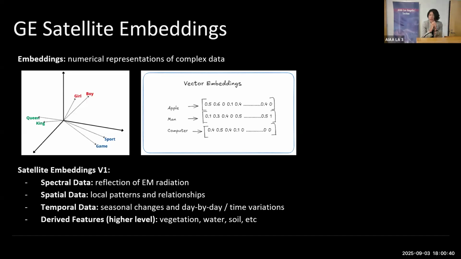There's also temporal data, which encompasses seasonal changes, day-to-day variations, and hourly variations. There's also spatial data, which takes into account the context of the environment around where the data was collected, and the interplay of those relationships with the data. And then finally, we have derived features. So this is higher level data.